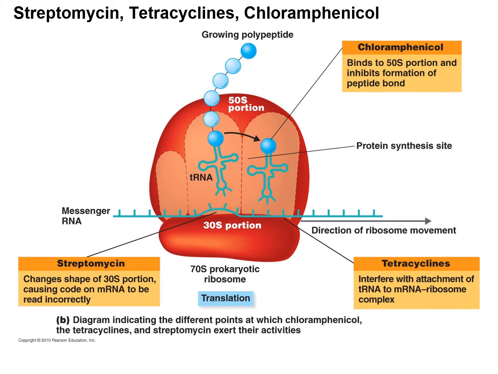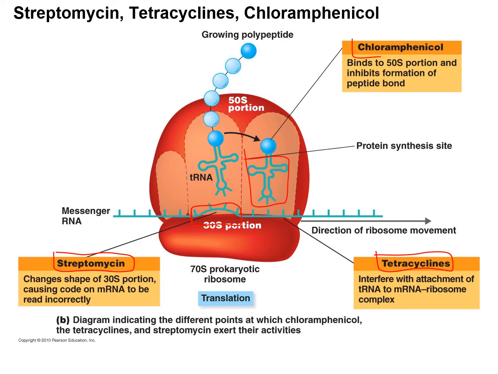So because there are these 3 different stages of translation, that means there are 3 different ways antibiotics can interfere with translation. An example is streptomycin. Streptomycin prevents the ribosome from reading the codon on the mRNA. Tetracyclines, on the other hand, prevent the ribosome from matching the tRNA to the codon.